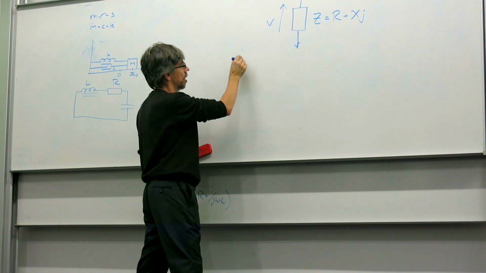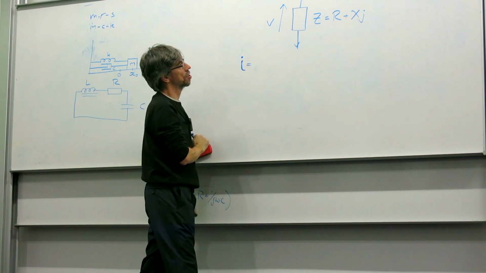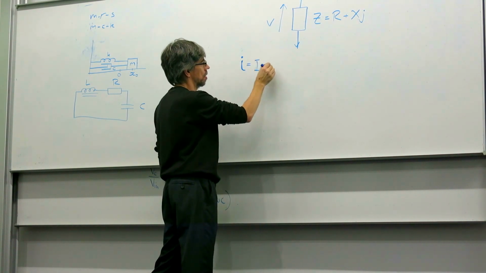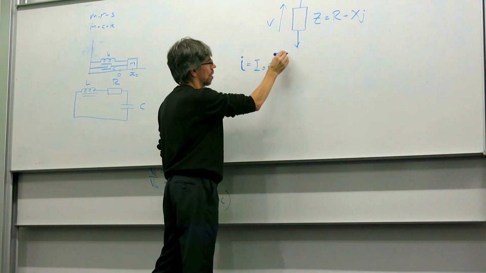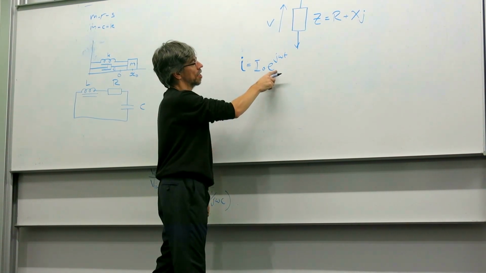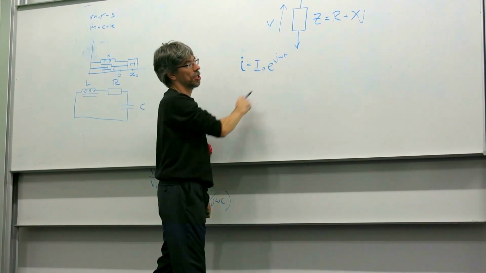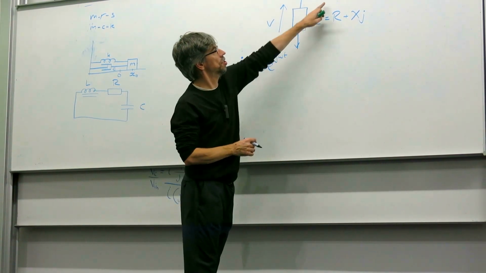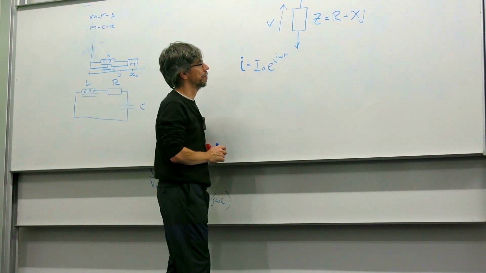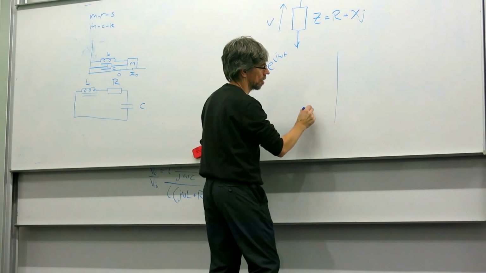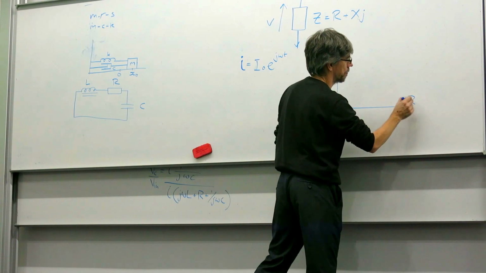So first thing we do is create a complex phasor representing the current: cos omega t plus j sin omega t. Well, exactly, and e to the j omega t is that. So the real part of this is I naught cos omega t. So we'll draw an Argand diagram.